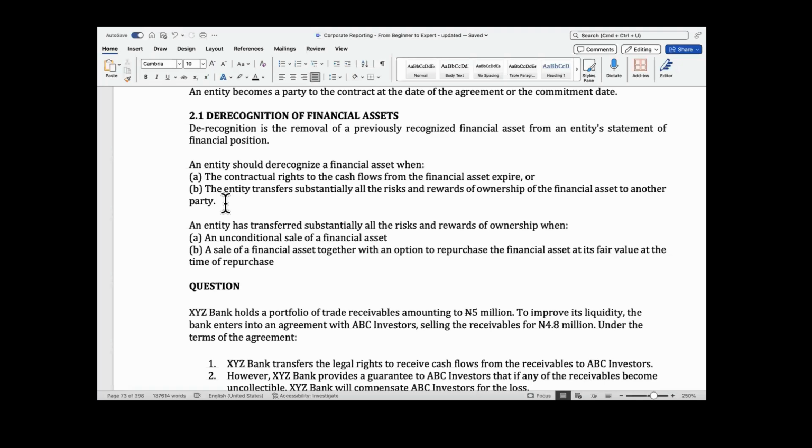It can be that you have sold the financial asset. If the financial asset you have is receivables, you sold it to another party, or maybe the financial asset is shares in another company and you sold the shares. Remove it from your books as soon as you have transferred the risk and the reward.